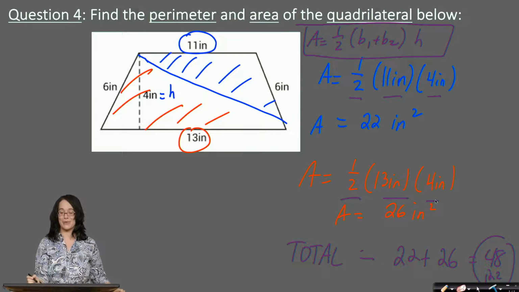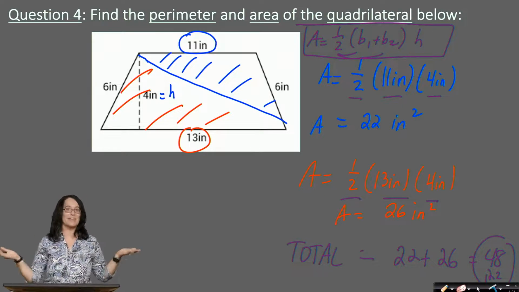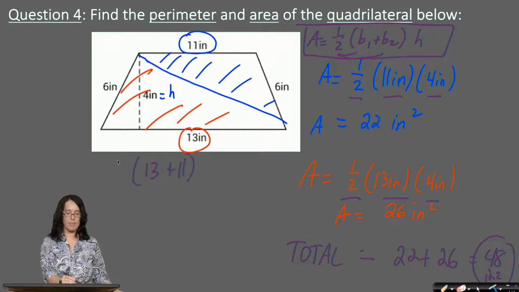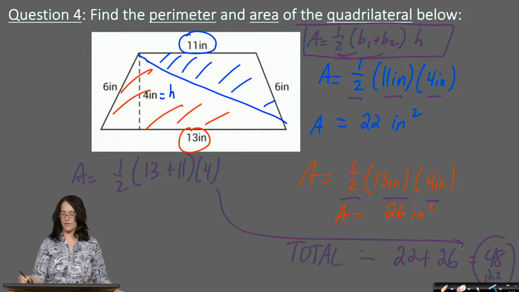This was your base 2. So we ended up doing that twice. Isn't that the same thing as if you had distributed here? Half base 1 times height, half base 2 times height added together. It's the same thing. So your shortcut would have been to take 13 plus 11, multiply by half and the height. And if you do that, you would get your total area of 48.